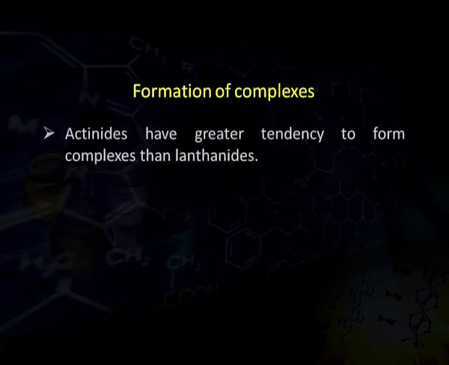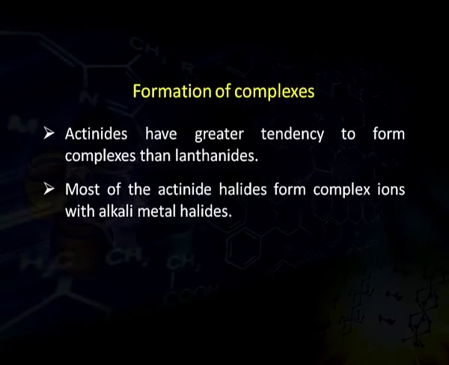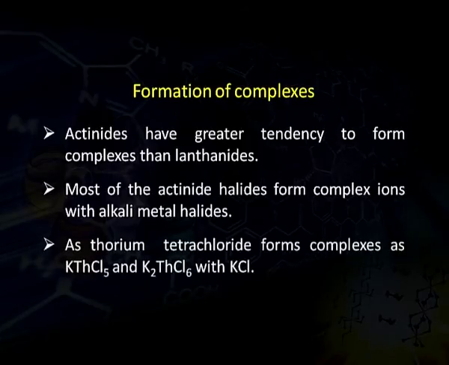Let us see the formation of the complexes. The actinides have a greater tendency to form complexes as compared to that observed in lanthanides. Most of the actinide halides form complex ions with alkali metal halides, as thorium tetrachloride forms complexes such as KThCl5 and K2ThCl6 with potassium chloride.